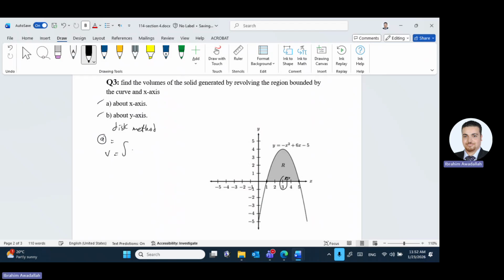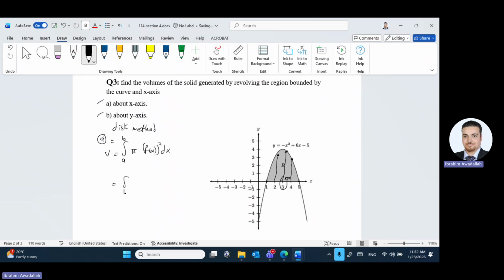V equals pi, and this is my radius, or the highest here, and usually we have f of x squared dx, the integration from a to b. In the last lecture, I added a half here by mistake.